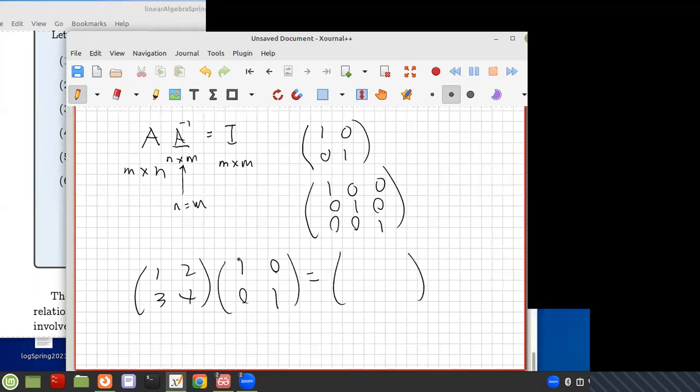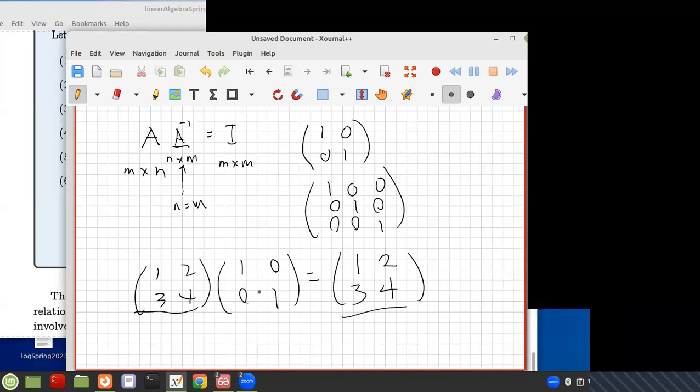That equals 1 times 1 plus 2 times 0, which is 1. First row by second column is 1 times 0 plus 2 times 1. Second row by first column is 3 times 1 plus 4 times 0. Second row by second column is 3 times 0 plus 4 times 1. You can see this matrix is the same as this matrix. So it just works out.